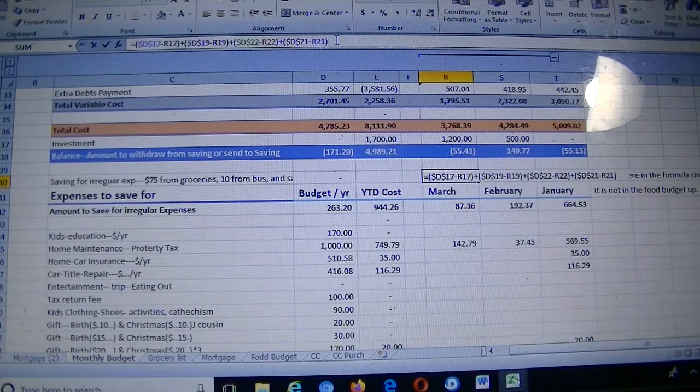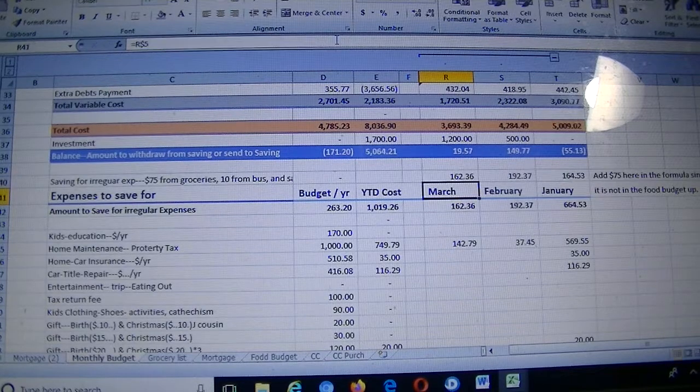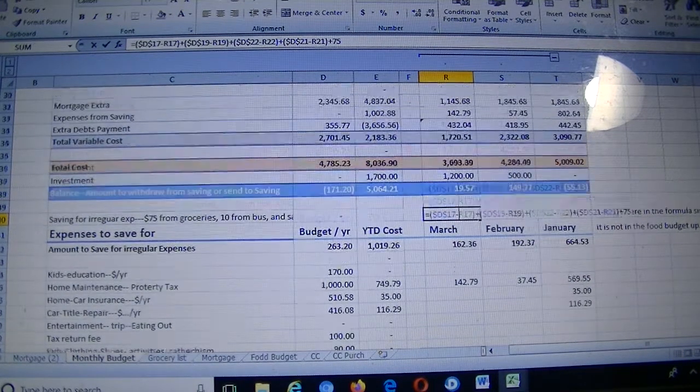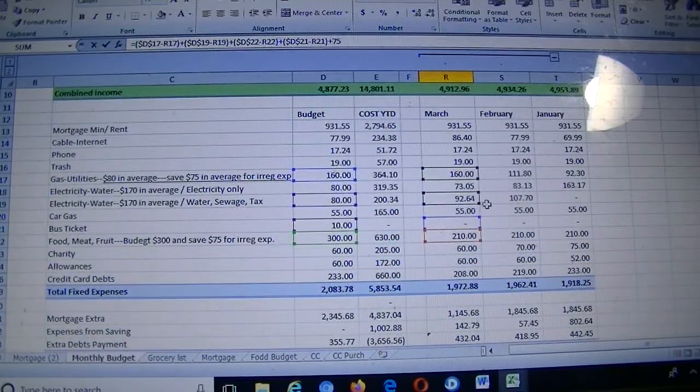And what is surprising though is that this number here, okay, that will make sense. I need to add plus $75. Okay, so that will totally make sense here. And the reason why I did that is because the food, we decrease the food, is taking what we budget minus the actual, and that is giving us the saving amount to put in the saving account.